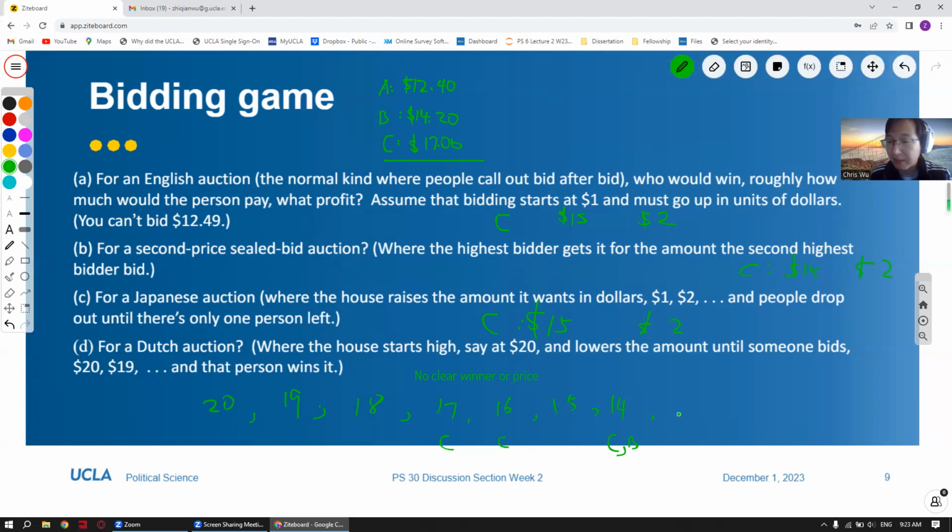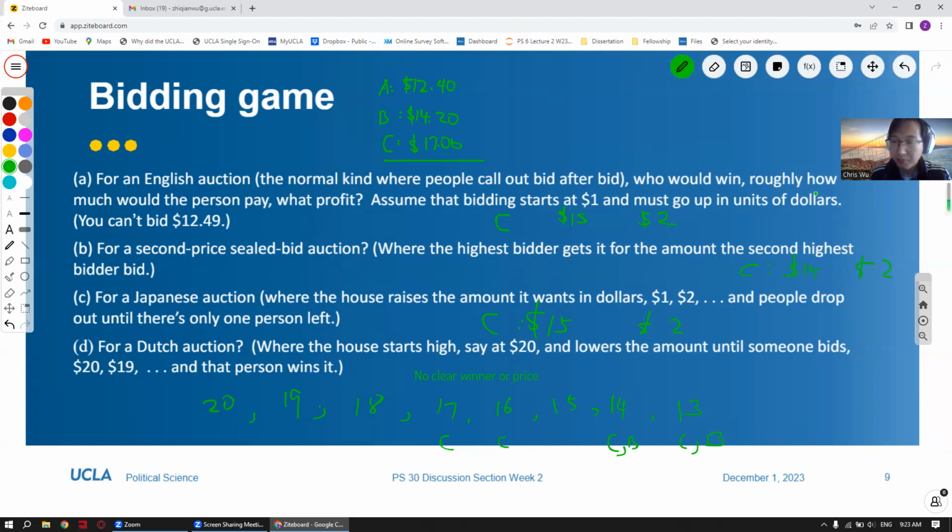And again, they have incentives to wait and see, okay, maybe I can make more money. Nobody else is bidding, and maybe I should wait a little bit longer so I get a better profit on this. So maybe they wait.